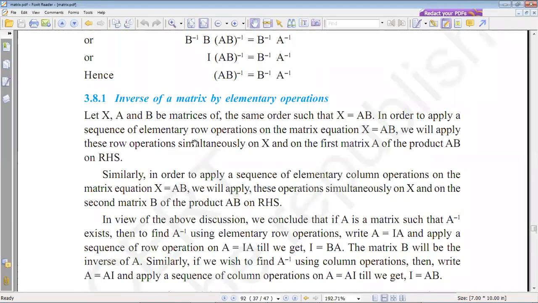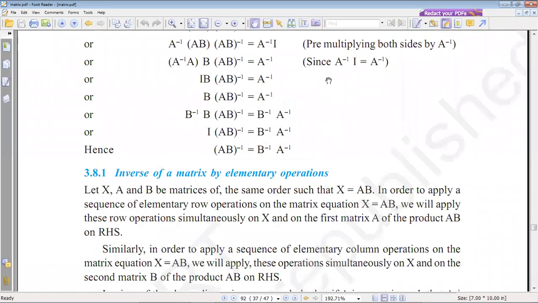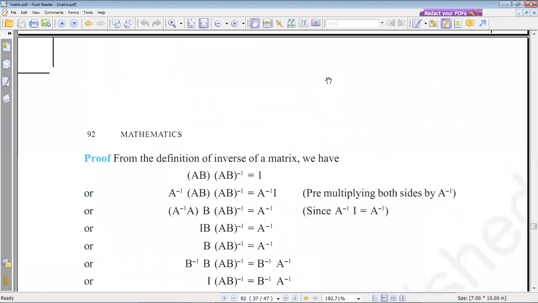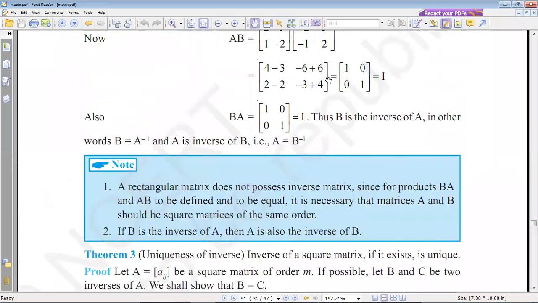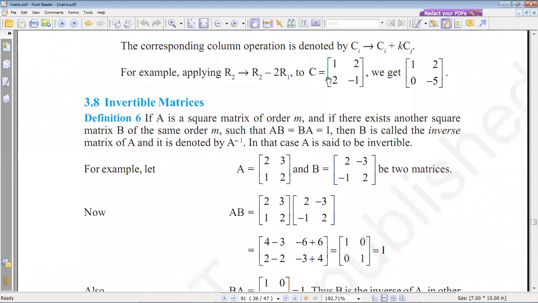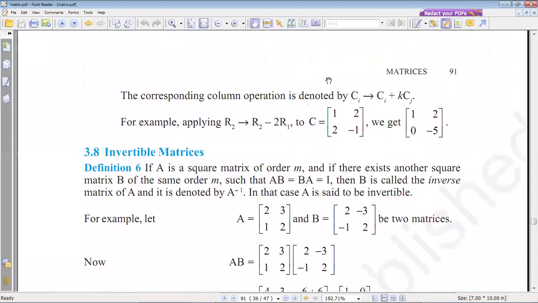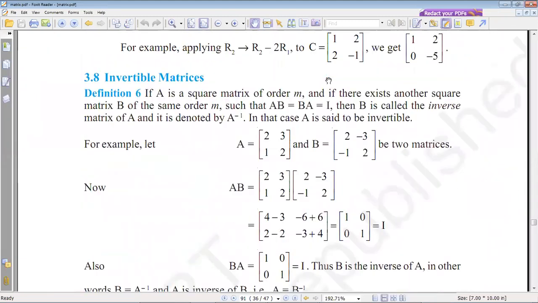So at first you have to know what is the inverse of a matrix. Clear? What is the inverse of a matrix?